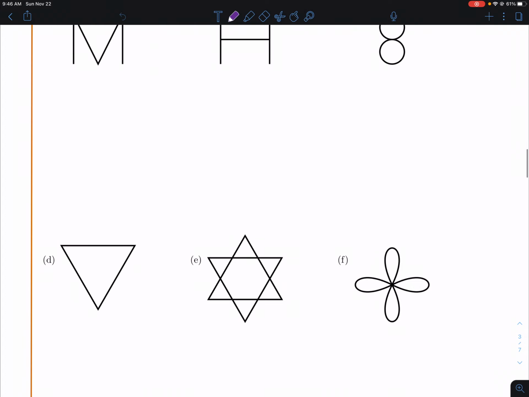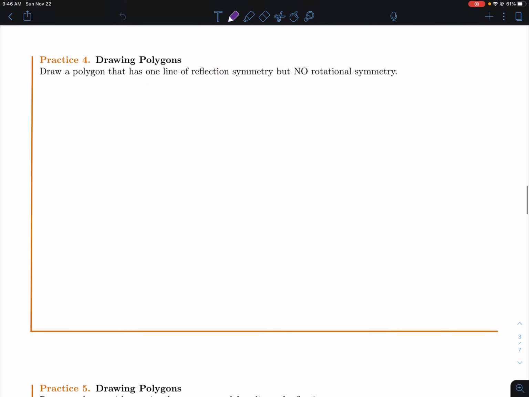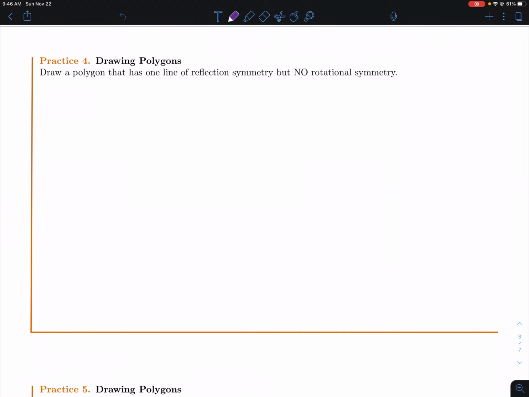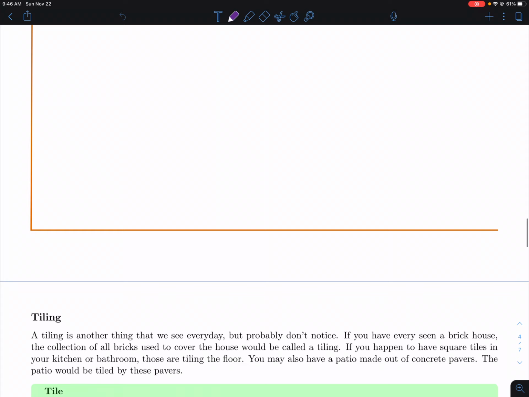Then practice 4 and 5 have you actually trying to draw polygons that meet certain rules, so work on that. When you're done, unpause the video, and we'll come back and talk about the final topic, which is tiling.